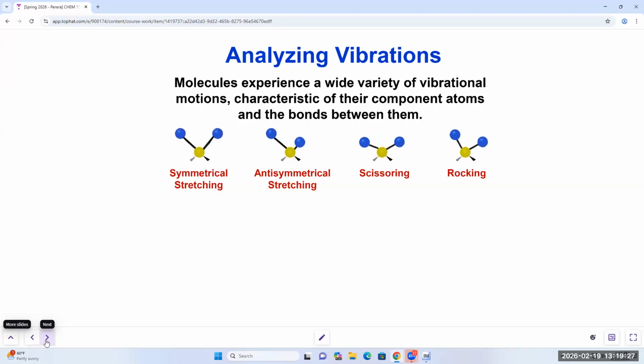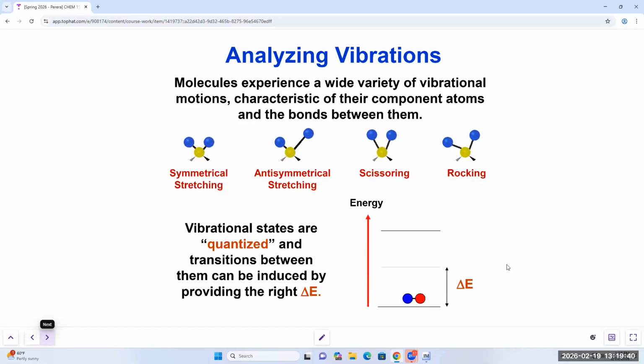So if something is vibrating, we can talk about the vibration frequency and so forth. And on top of that, we saw previously that these vibration energy gaps fall within the IR radiation. Therefore, we can use IR radiation to induce vibrational motions in the molecule, to go from one vibrational mode to another.